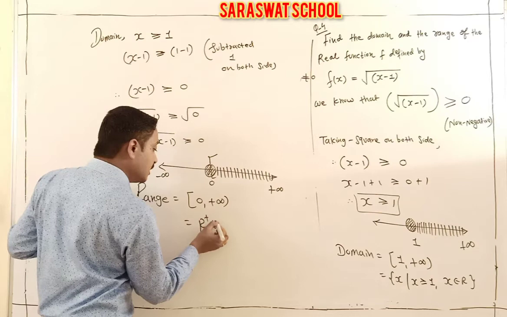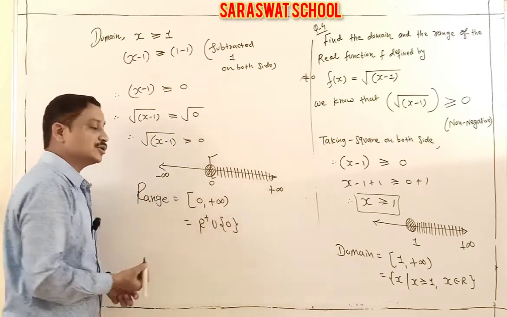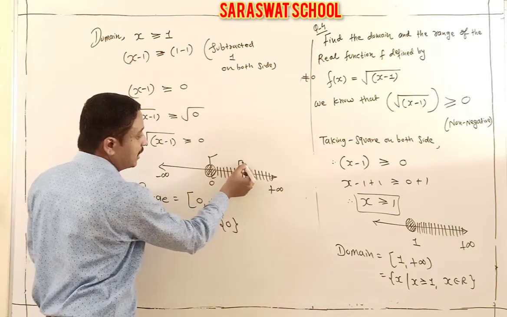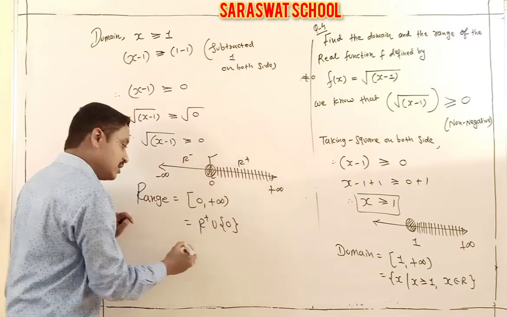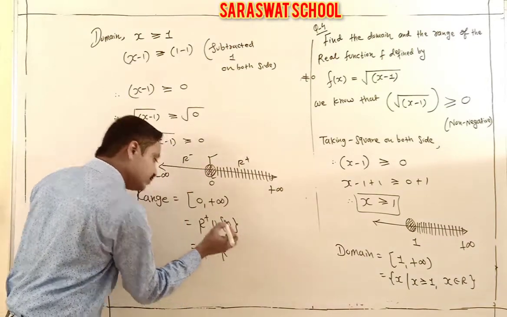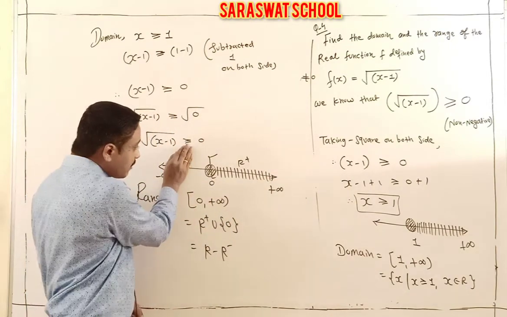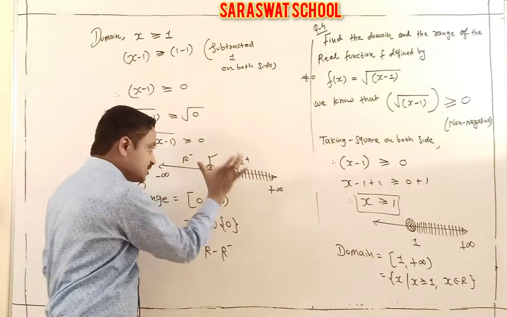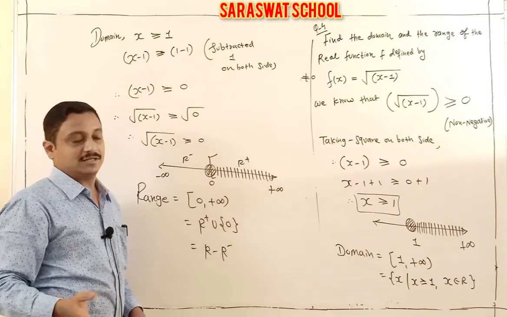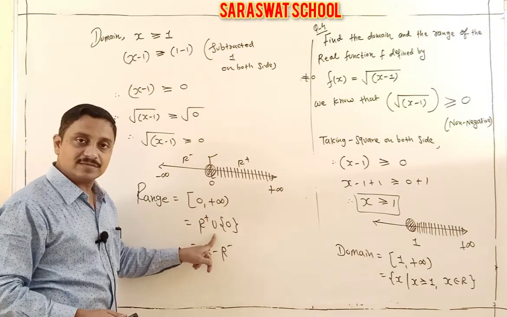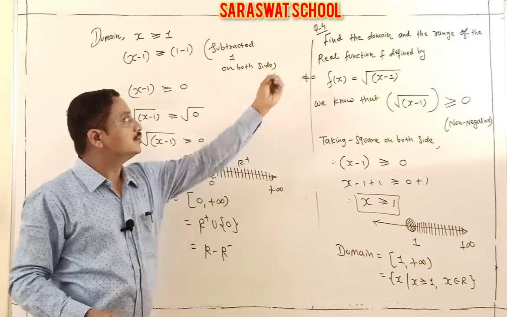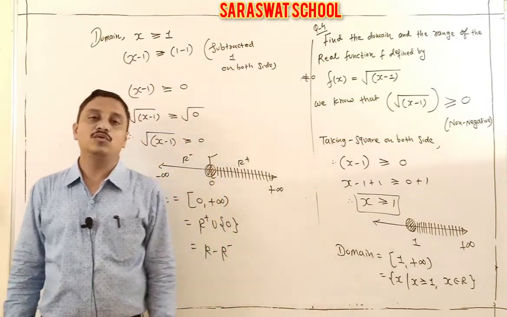Either R plus union 0 is also true, because this part is R plus and this is R minus. Or R, the full number line, minus this R minus portion. Your answer is 0 and R plus. It is non-negative, students, and you can create that answer easily. Question number 4 is done.